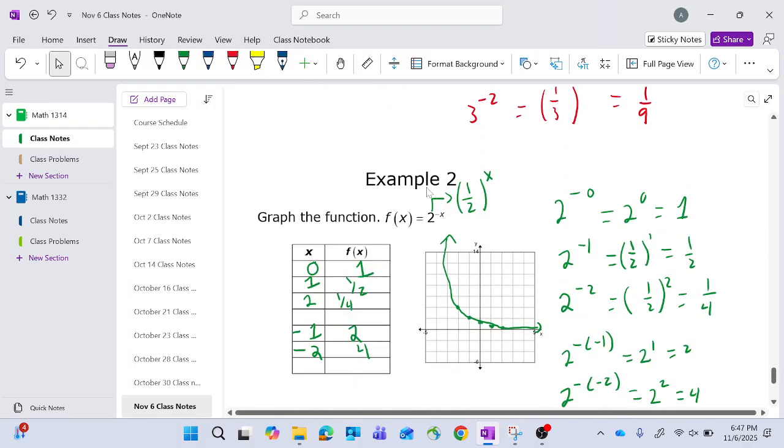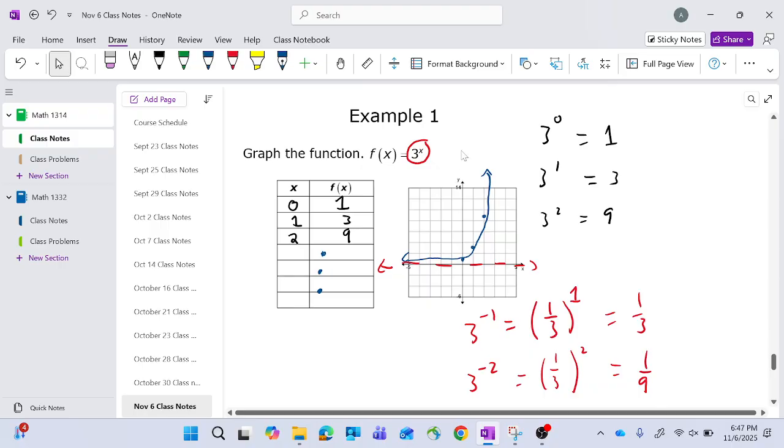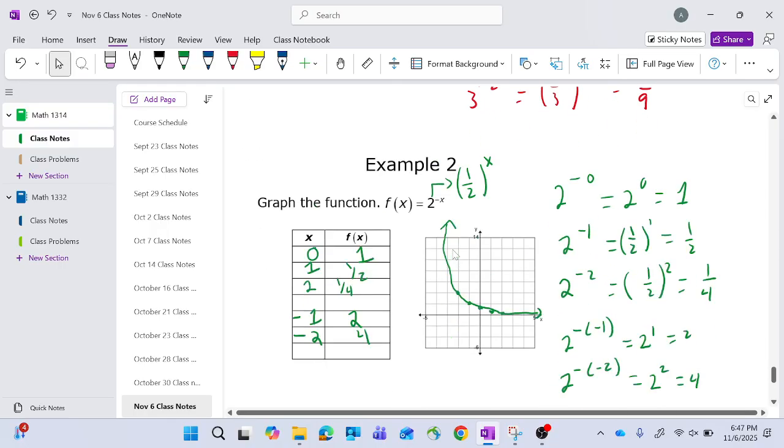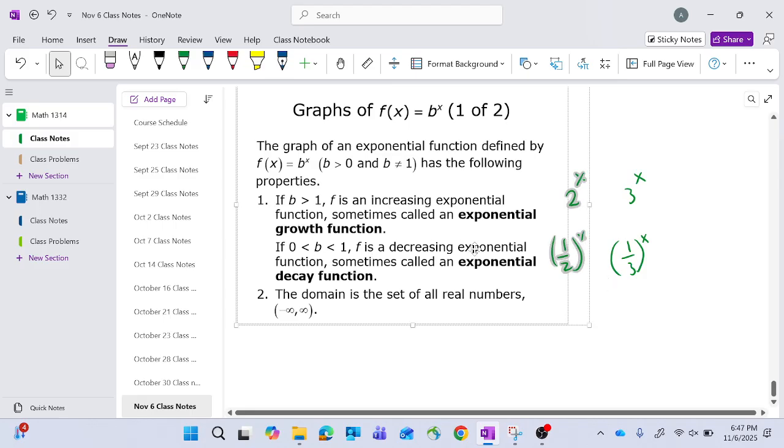Like this right here, 2 to the negative x is just 1/2 to the x, right? So 1/2, it's smaller than 1. That's why it's decaying, it's going down. So less than 1, it goes down. Greater than 1, it's going to go up. And they're called growth and decay functions.